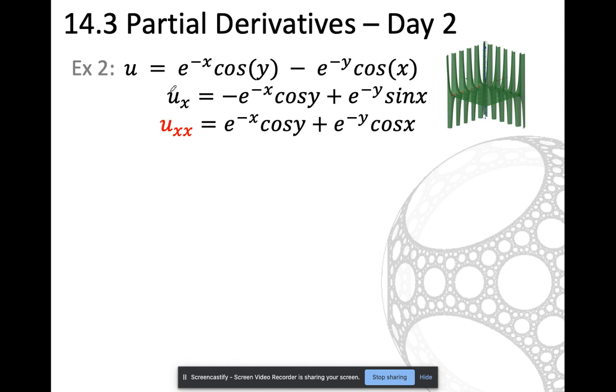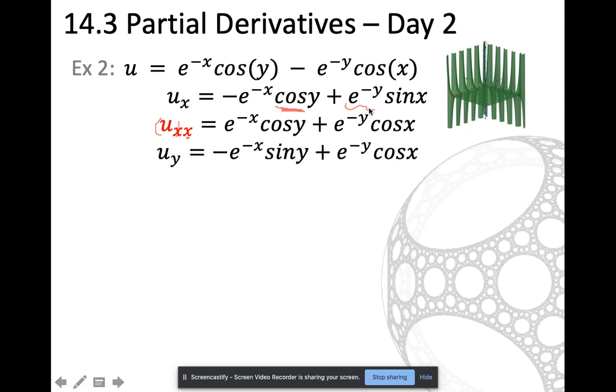The derivative of this function with respect to x means, once again, I'm holding y constant, right? So cosine of y is just a constant. So the constant times the derivative of negative e to the negative x. It's just here. The e to the negative y is my constant in the second term, and the derivative of a sum is just the sum of the derivatives, right? So the derivative of sine x is cosine x times this constant.